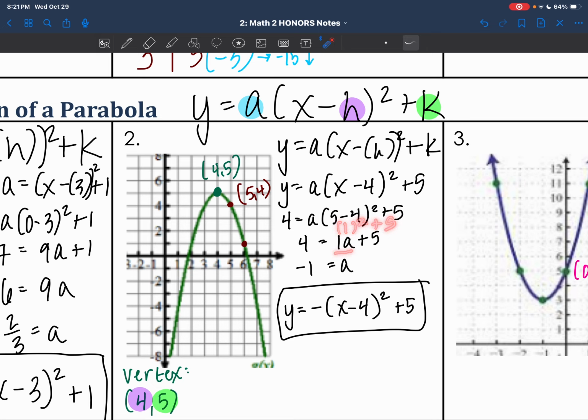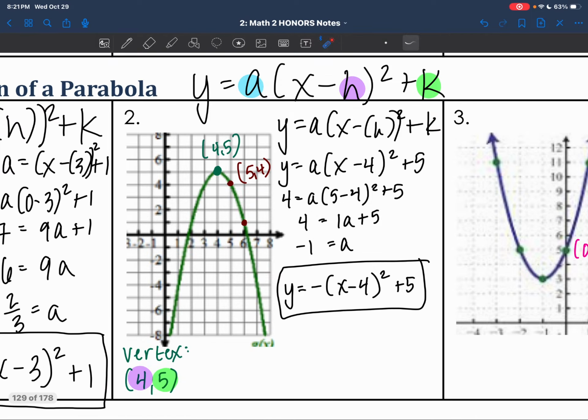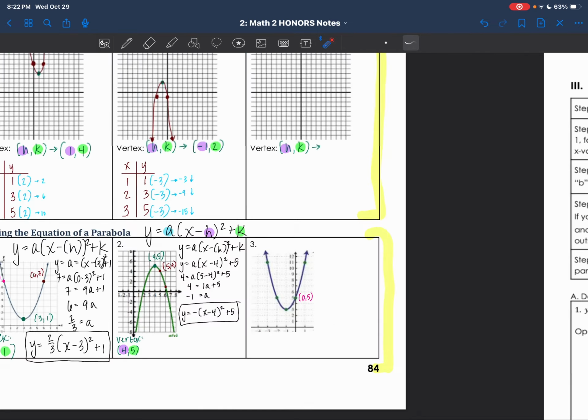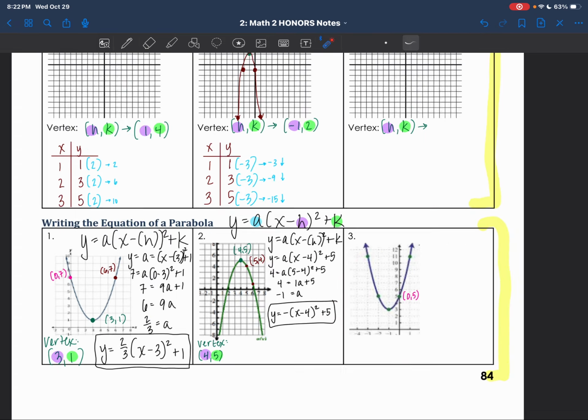And so I get 1a plus 5, subtract 5, and I get a equals -1. All right, so now a is -1. Our vertex, we said, was (4, 5). And then don't forget, you're going to have a negative there, so this is really a +4 for your h, but your negative will be there. And then since a is negative, that goes out front.